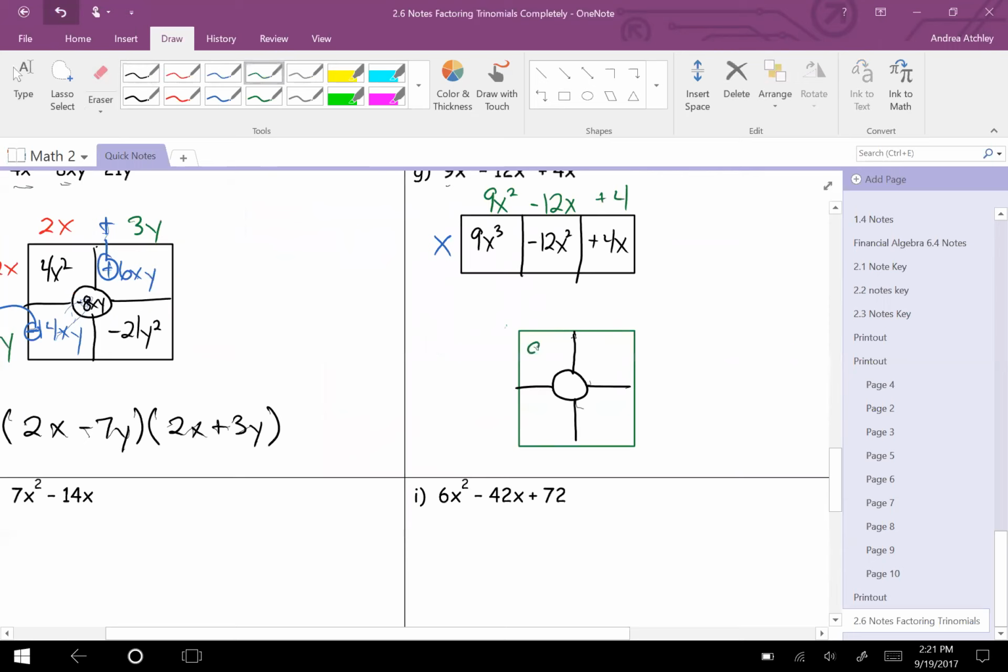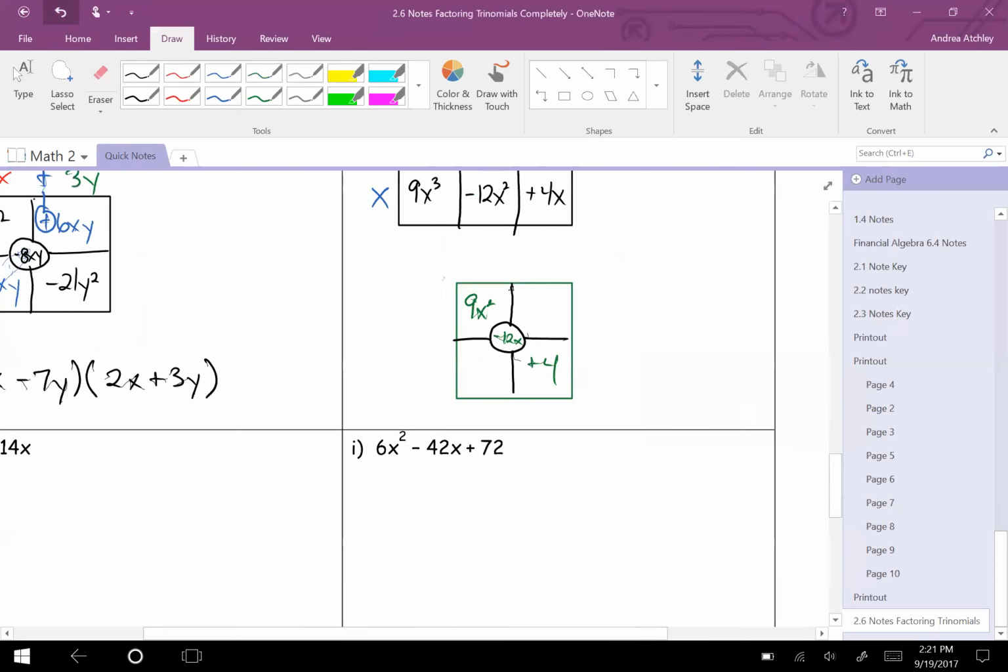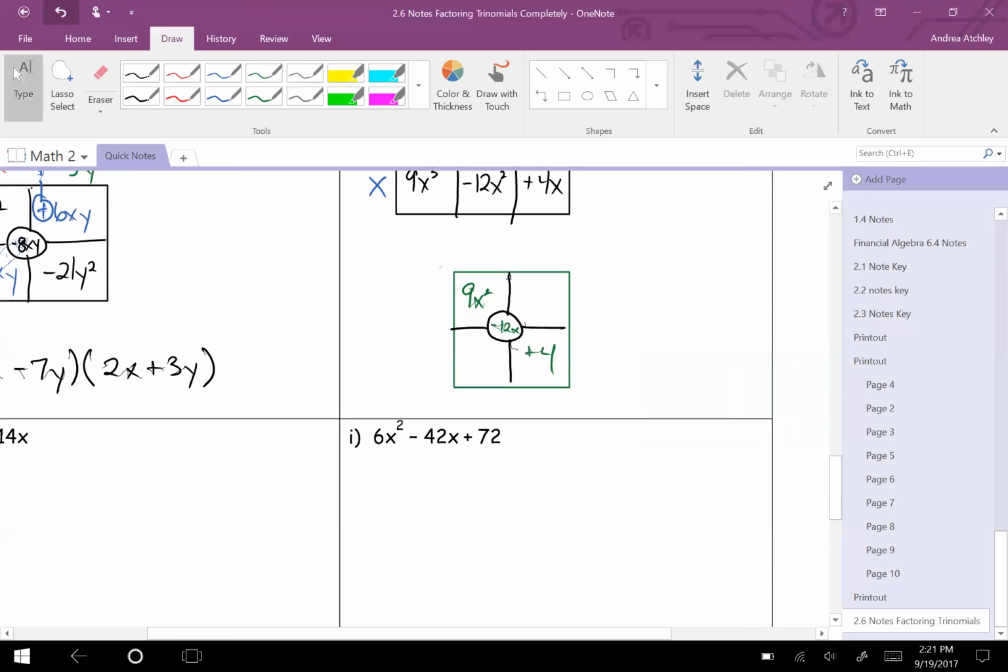So we have the 9x squared here, the negative 12x here, and the positive 4. Isaac, what multiplies to 9? 3x and 3x.